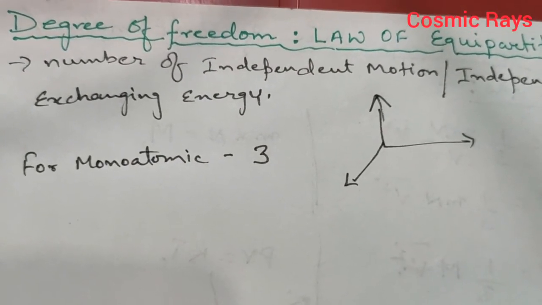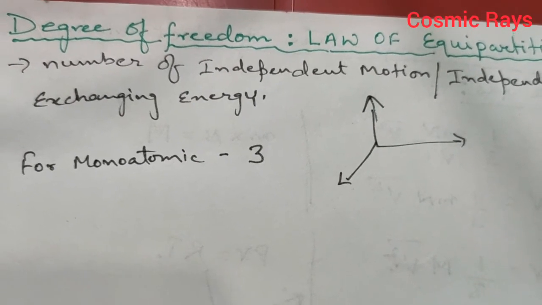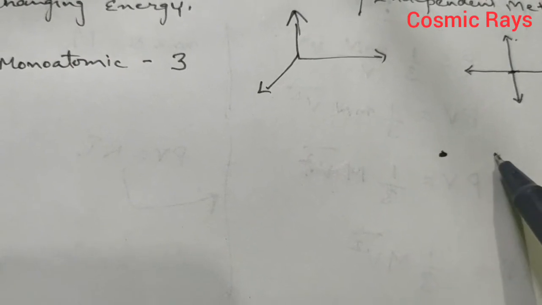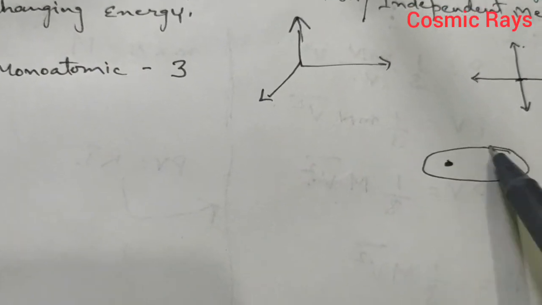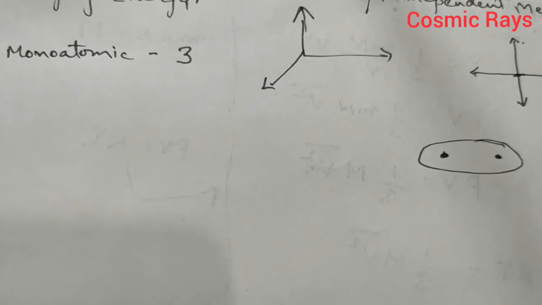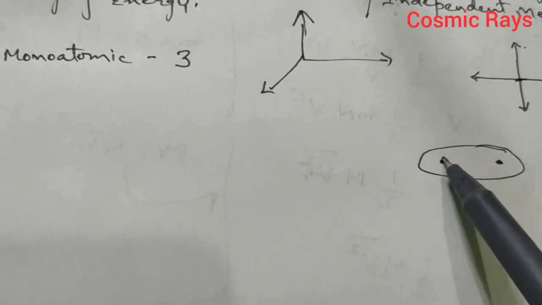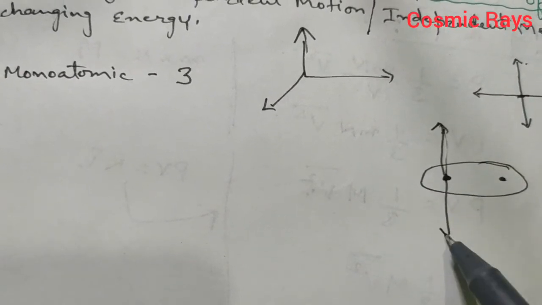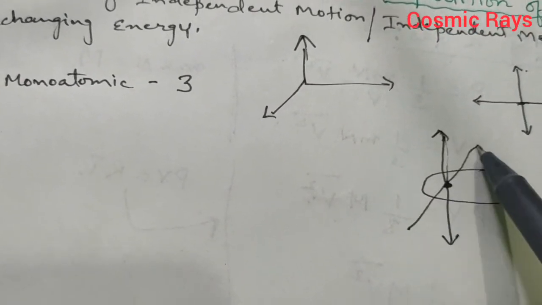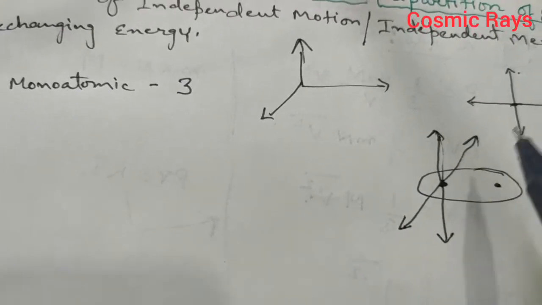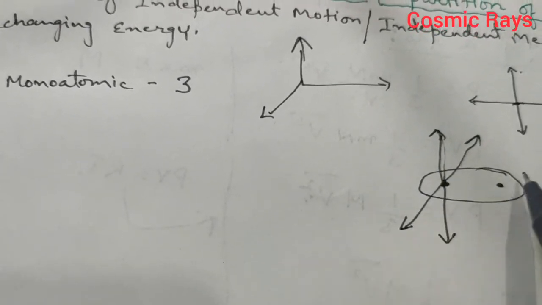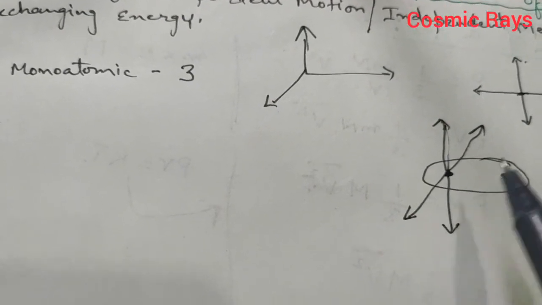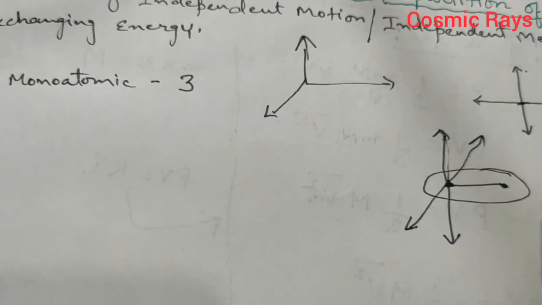Similarly, if we have a diatomic molecule, then for diatomic molecule we have 2 atoms or 2 particles. In this case, it's free to move along y, along this direction also. But to move along the x-axis, this molecule will have to come along. So there is a restriction because these two are connected.